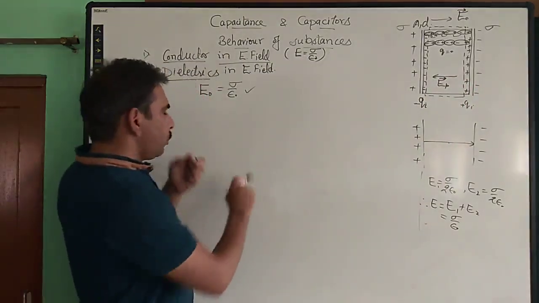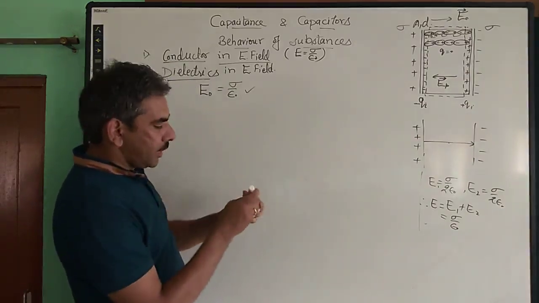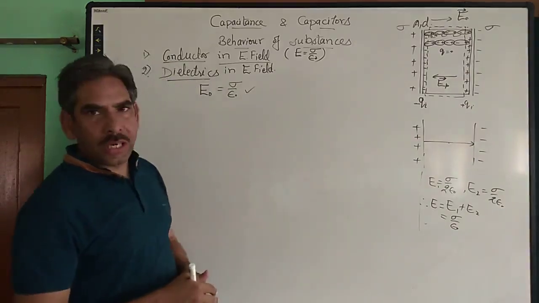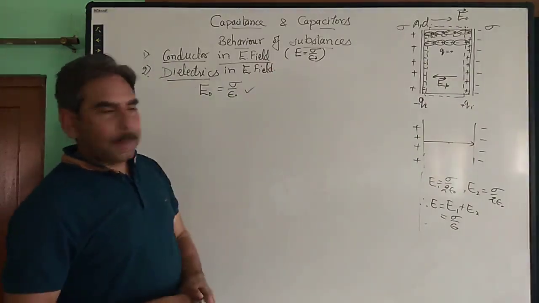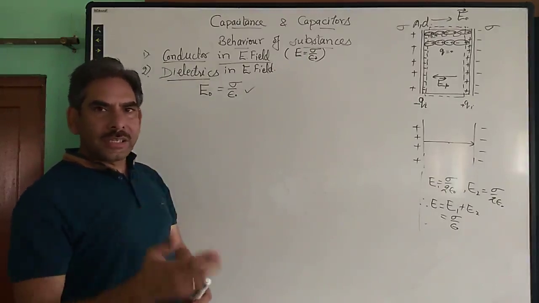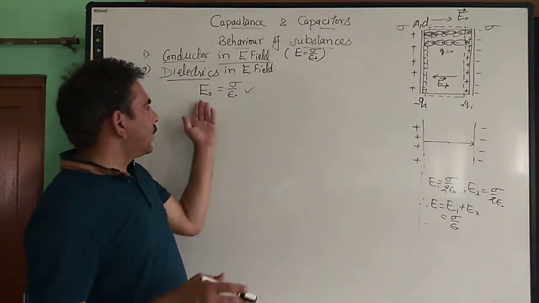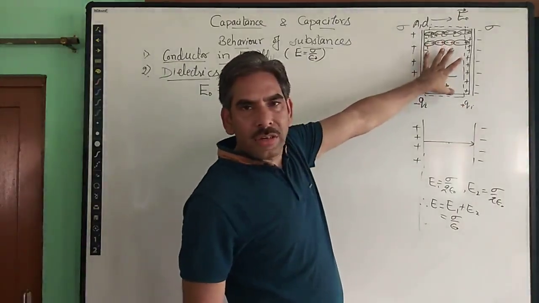So the electric field due to this polarization process, which we did by applying some electric field, will try to cancel out the effect of the applied electric field, but not completely. Some part is cancelled, the other is left. This left out part of the applied electric field inside the dielectric is called the reduced value of the electric field.